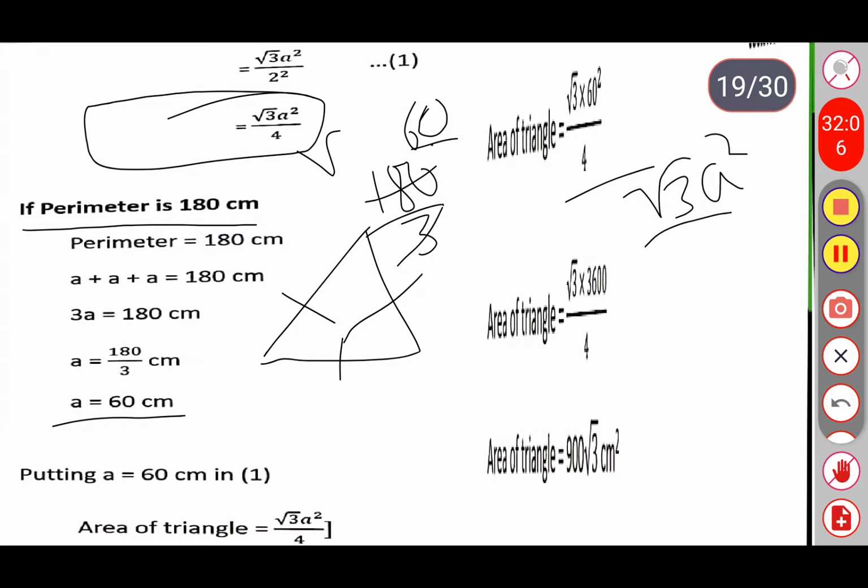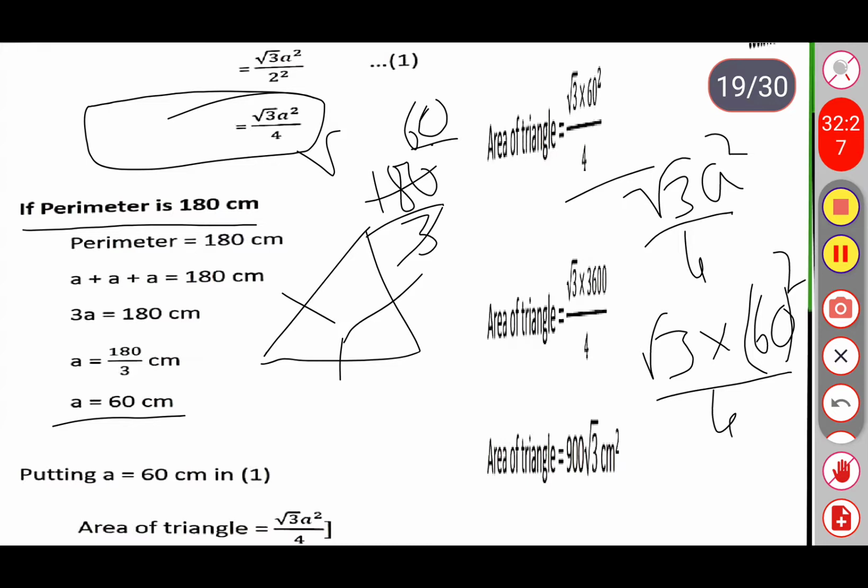Here root 3, write as it is, a square. In the place of a, write 60 whole square, because it is a square, no? So that's why I'm writing 60 whole square divided by 4.